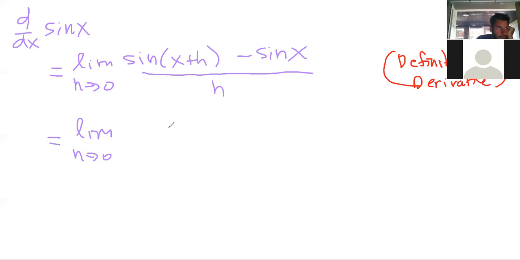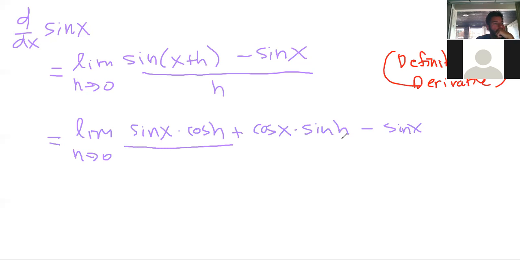this is sine of x times cosine h plus cosine of x times the sine of h, and then it's minus the sine of x still. And so what am I using here? What's my reasoning for this line?